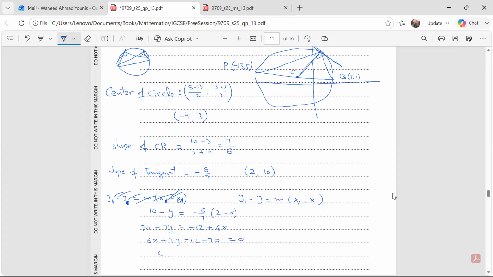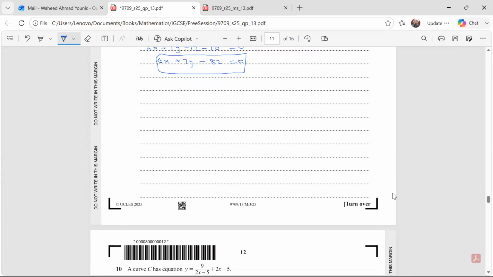So this will give you 6x plus 7y minus 82 equals 0. So this is the equation of the straight line which is tangent to the circle at R. I hope this question is clear.